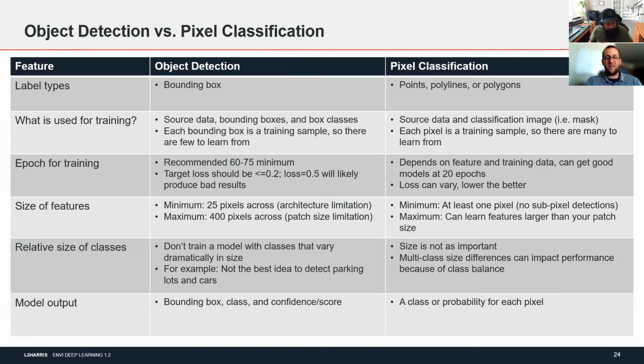So if you have features that are larger than that, then you're going to want to downsample your data to use that with object detection, or maybe try your luck with pixel classification. Even then, if your features are that large, I would always recommend downsampling your data, which will help you process and train a lot faster because there will be a lot less data to work with.